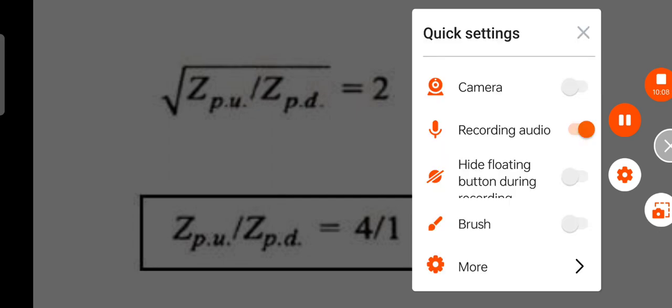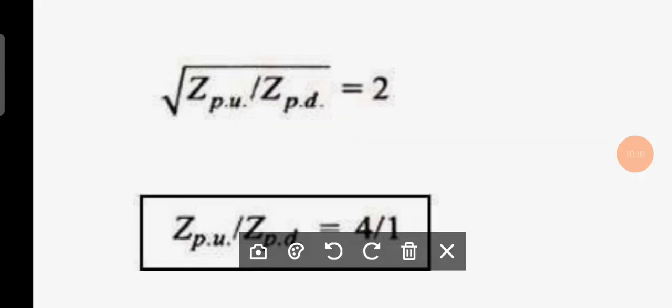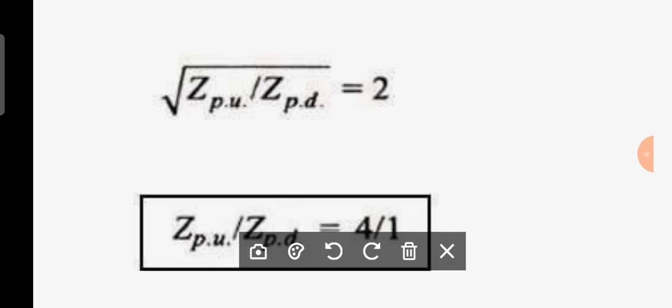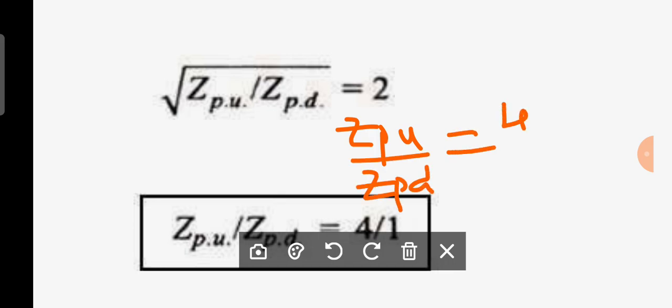When an NMOS inverter is driven by another NMOS inverter, what is the meaning of that? ZPU by ZPD is equal to 4 is to 1. If you cross multiply that, what is that? ZPU is equal to 4 times ZPD.